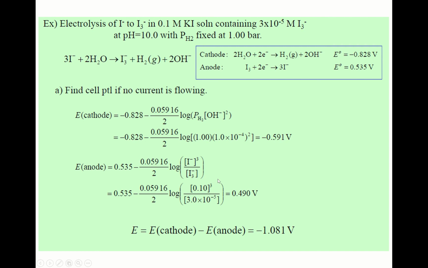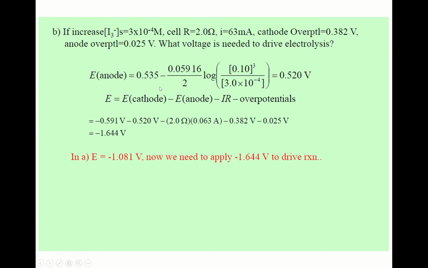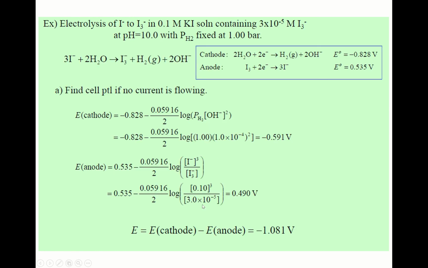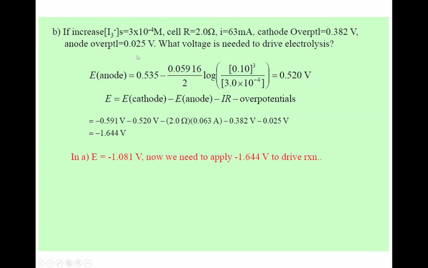Okay, but only the anode potential will change because it contains triiodide here. Okay, and using this one, the triiodide concentration at the surface here, instead of the bulk concentration, we recalculate using this one. Okay, and we get 0.520 volt.